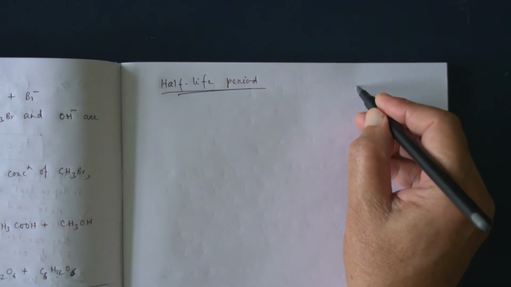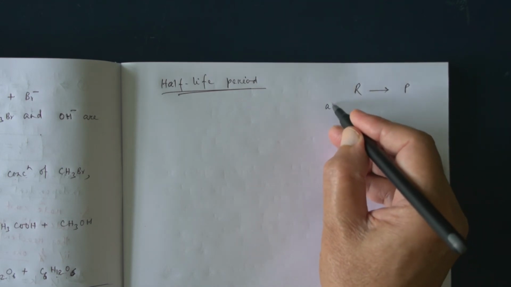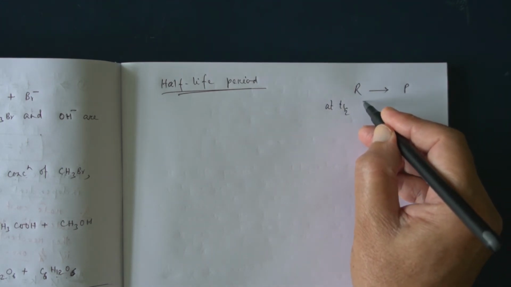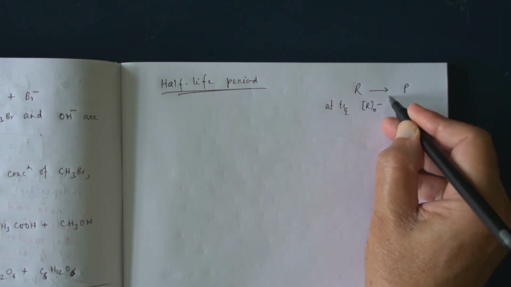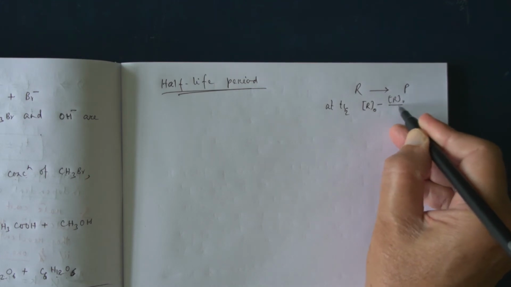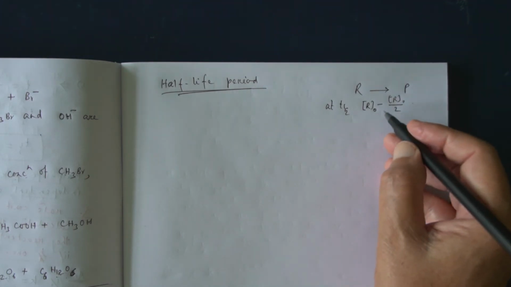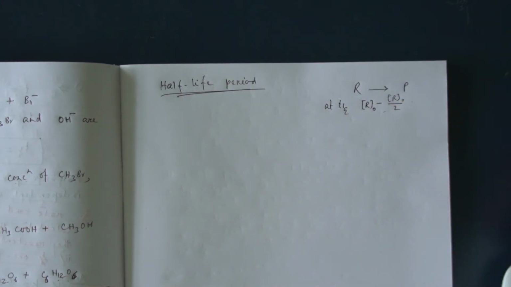Once again, this is the reaction. So at T half, what we get? Rt will be equal to R naught minus R naught by 2, that is R naught by 2.